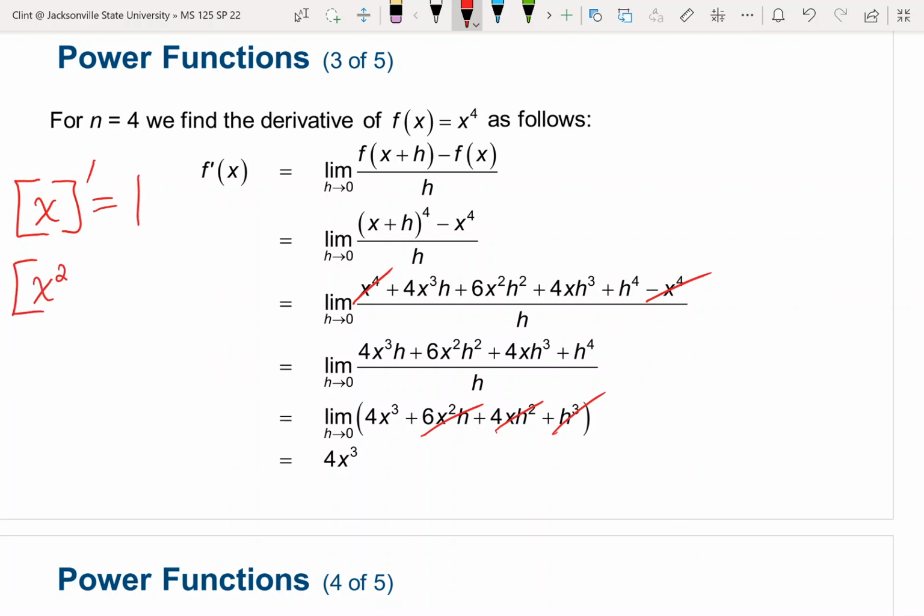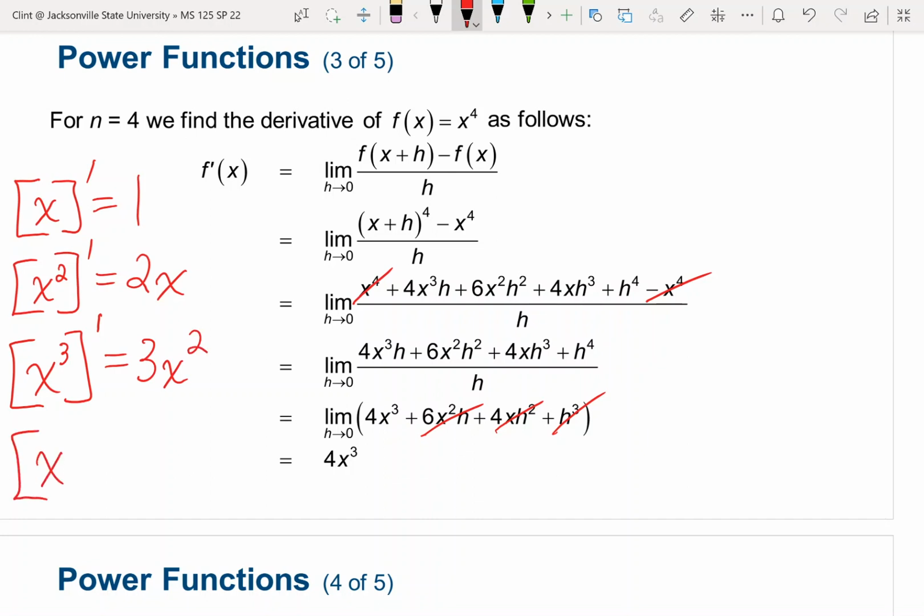Derivative of x squared, 2x. Derivative of x to the third, 3x squared. Derivative of x to the fourth, 4x to the third.